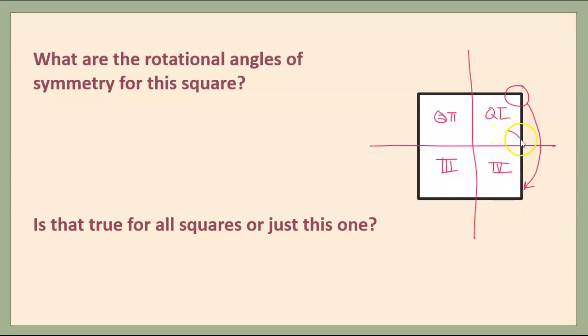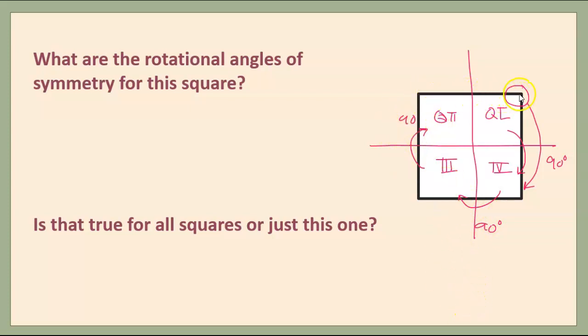If we rotated quadrant 1 this way, it's effectively the same, right? It's the same size and same shape as quadrant 4. So that's a 90-degree rotation. This is a 90-degree rotation. This is a 90-degree rotation.